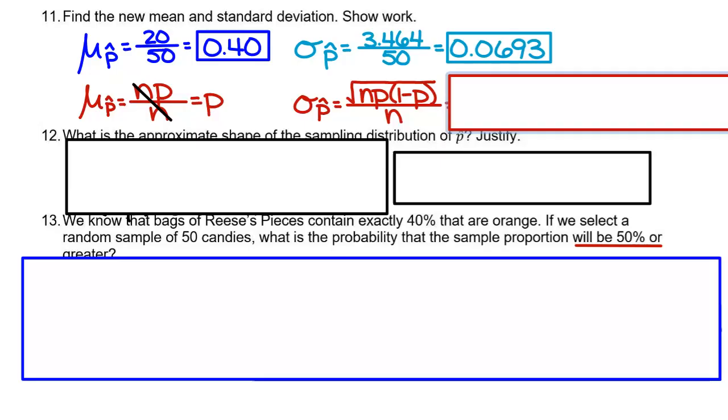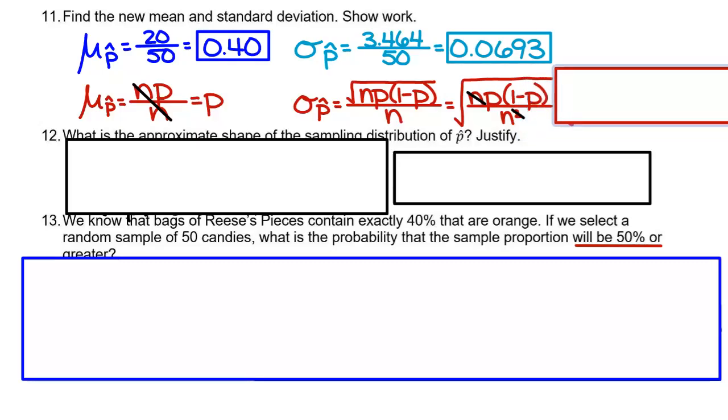What would I have to do to this n if I wanted to put it underneath the radical? Square it, right? Because the square root of n squared is n. So if I wanted to put it underneath the radical, I need to square it. So I could have the square root of the fraction n times p times 1 minus p over n squared.